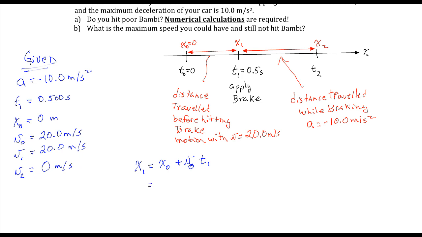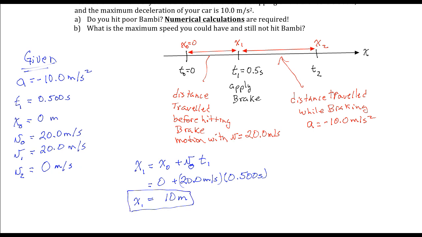So x naught is 0, v naught is 20 meters per second, and t1 is half a second. All of this gives us x1 equaling 10 meters.